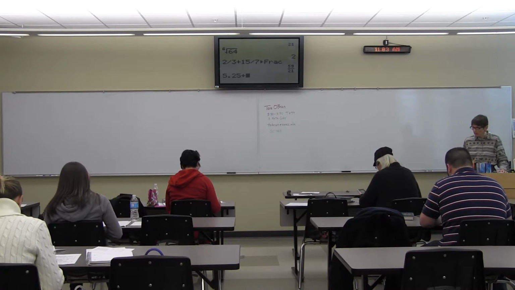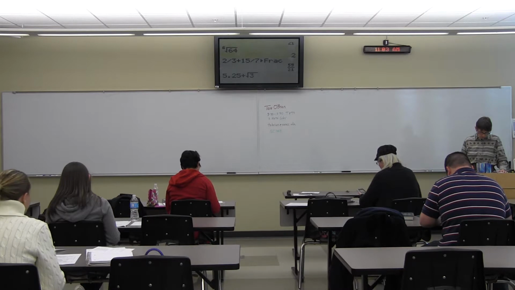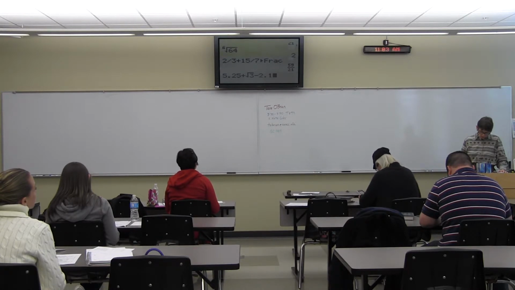Where's the square root on the calculator? Second x squared, that gives you the square root of 3. And then, let's see, subtract 2.1 caret 4.